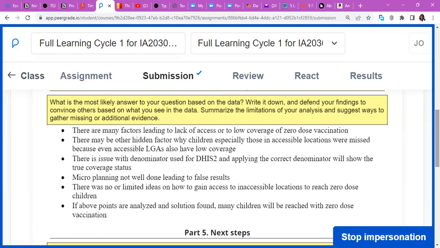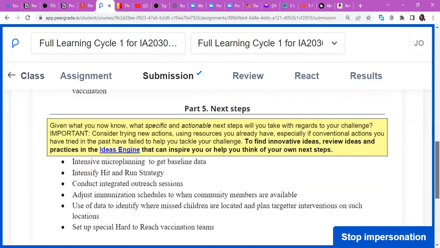And coming to the specific actionable next steps, I said we will continue with intensive micro planning to make sure that we know the number of children we are targeting, and we intensify the hit and run strategy. We continue with the integrated outreach sessions, and then we can adjust our immunization timings to reach out to those women who have other priorities during the day.